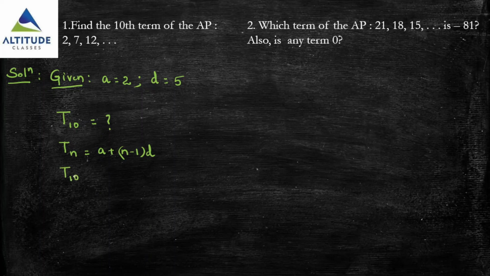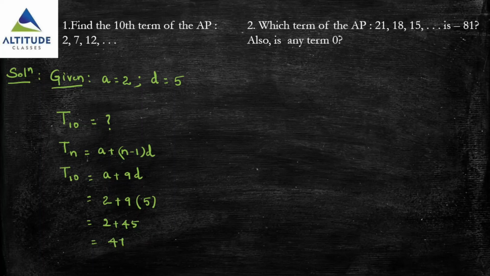Now T10 they are asking. T10 is a plus 10 minus 1, which is 9. A we already know is 2, plus 9 times d, which we already know is 5. So 2 plus 45, which is 47. So the 10th term in the given AP 2, 7, 12 and so on is 47.